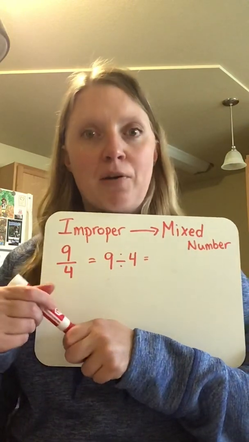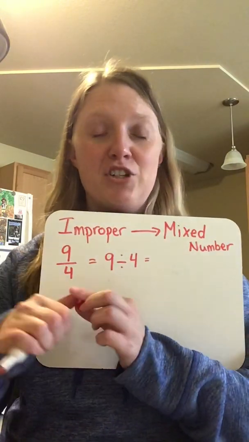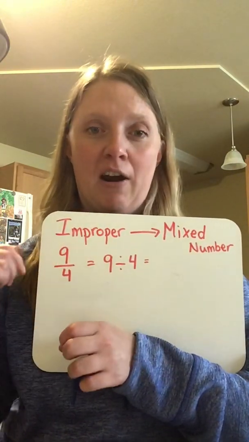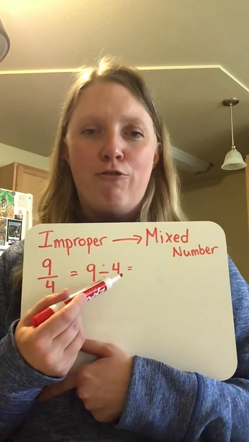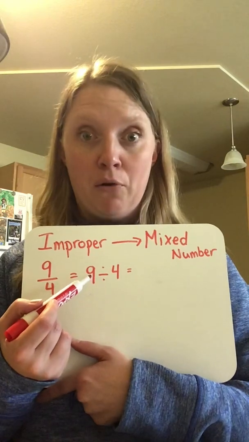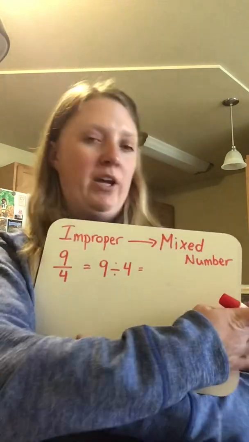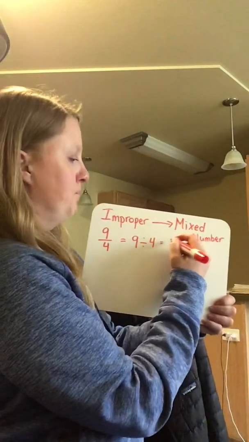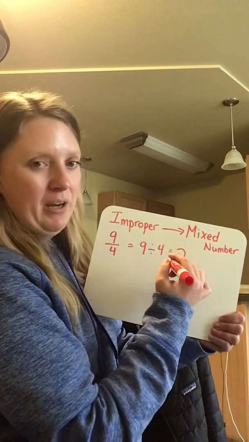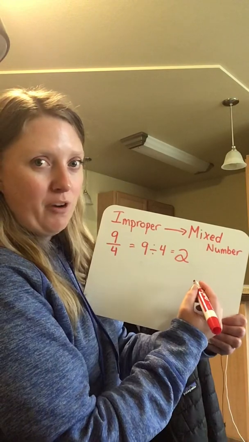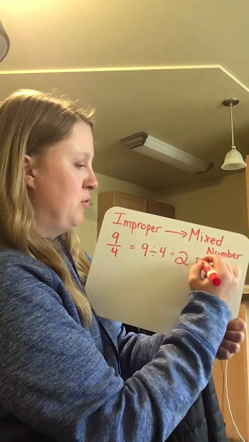Just use your mental math. We're kind of doing long division, but these numbers are so simple we can do it in our heads. How many times can 4 go into 9 without going over? It can go in 2 times. 2 times 4 makes 8, so how many are left over from 8 to 9? So this would be 2 remainder 1.